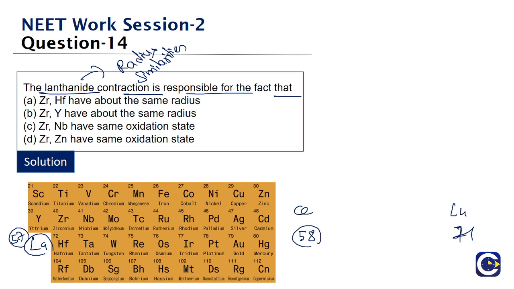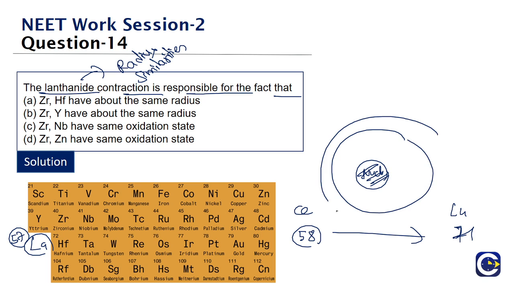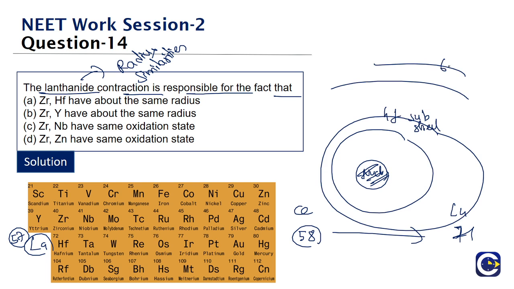Then 72 is hafnium. So in lanthanoids, when we are filling electrons, we will have the nucleus, and we will fill electrons into the 4f subshell, while the outermost orbit is actually the 6th orbit.